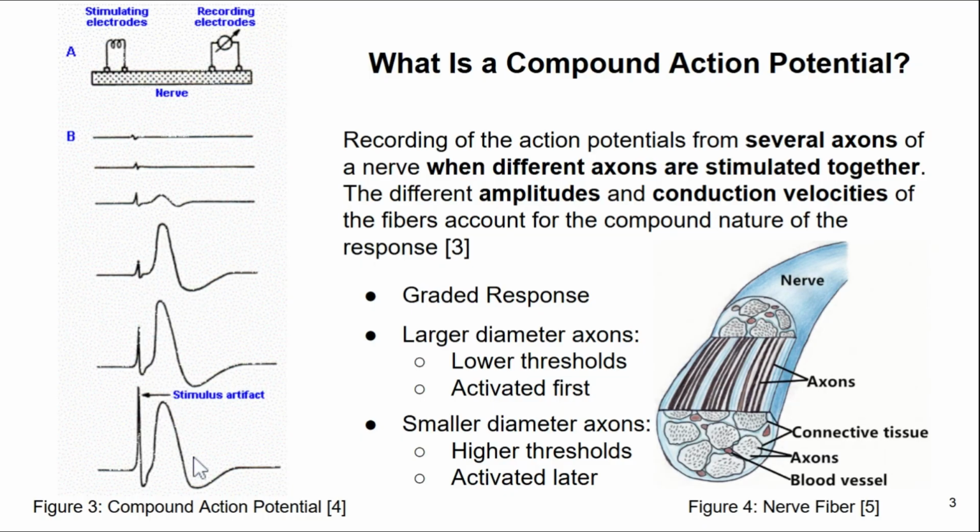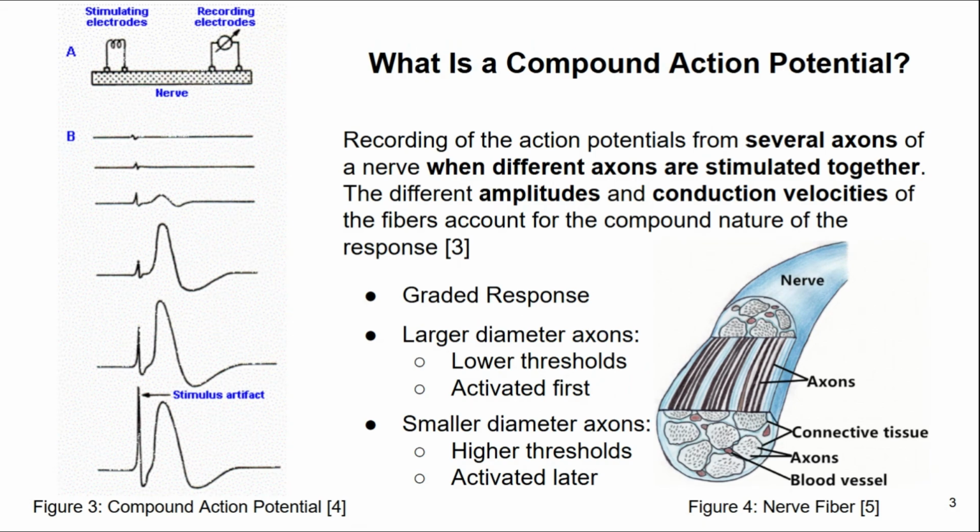It was not the case when we were observing a single neuron, where it is an all or none kind of response. So the peak of this response is increasing and increasing up to a point. It is continuously increasing, not like a zero or maximum. So such a type of response is known as a graded response.